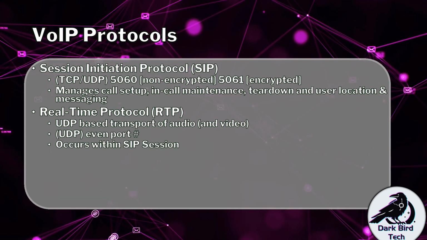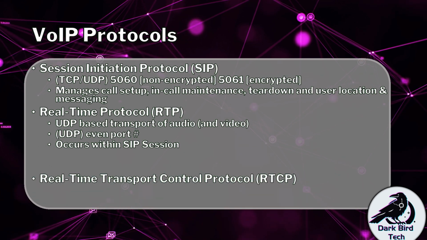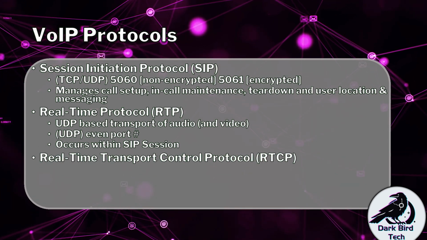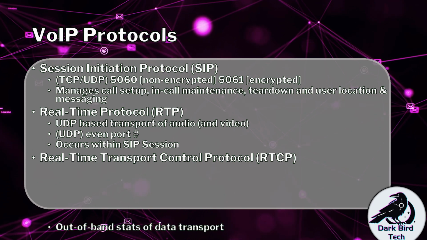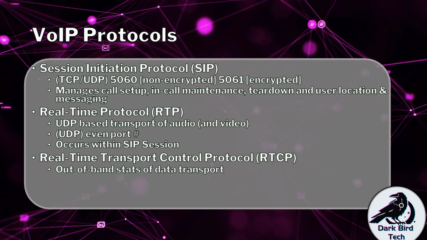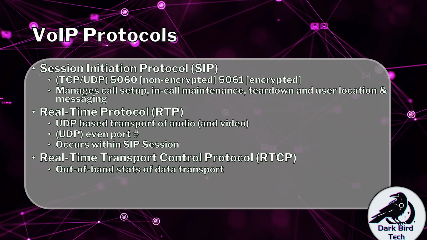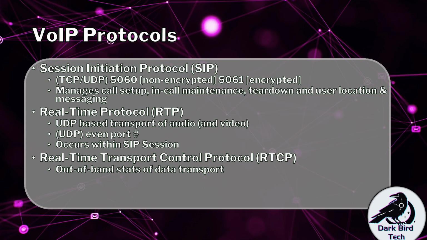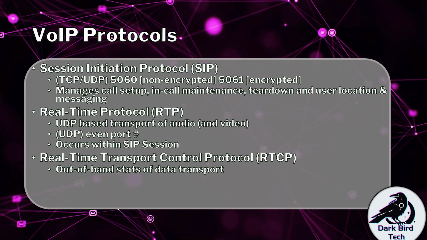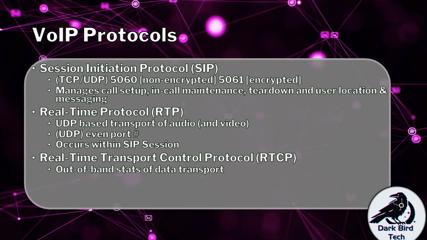But then we also have a counterpart to RTP called the Real-Time Transport Control Protocol, or RTCP. And what it does is it's an out-of-band stat for the data transport. Essentially, it's not part of the actual phone call, so it's not running in RTP, it's running next to it. Both of which are happening in the SIP though.